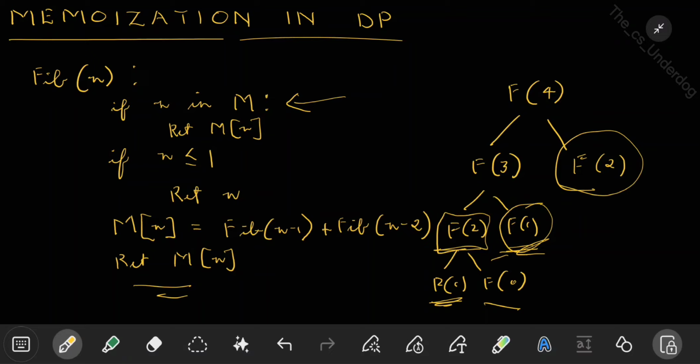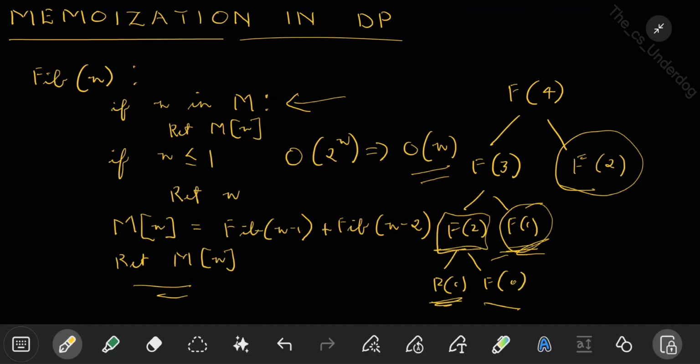What happens then? Every function call is computed only once. Whenever you are making a second call, you are directly fetching, which means any function call is computed only once, which means total function calls should be order of n. So your time complexity decreases drastically from order of 2 power n to order of n. So this is what memoization brings in.